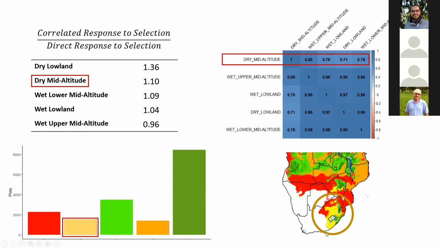And especially day length plays a role here. Day length is very different from the other environments, and therefore the genetic correlations are not as high as in the other environments. However, it still pays off to include the information from the other environments. It would not make sense to make it a single mega environment because the testing resources would be limited and we would make less direct response.